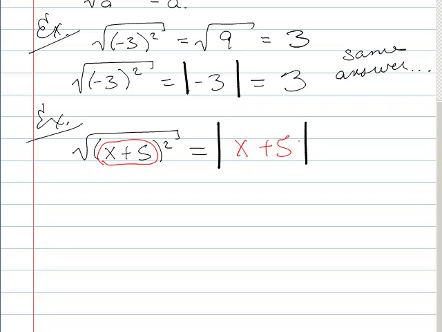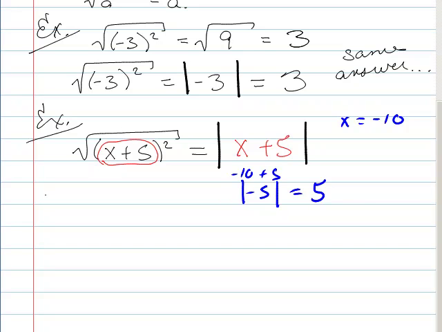That's going to be your answer, because we don't know whether that value is going to be positive or negative. Say x was negative 10. Then inside there we'd have negative 10 plus 5, which would be negative 5. But we can't have the square root of something being negative, so we really do need those absolute value signs to make it positive.